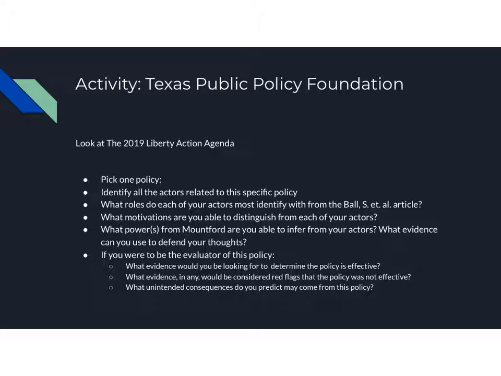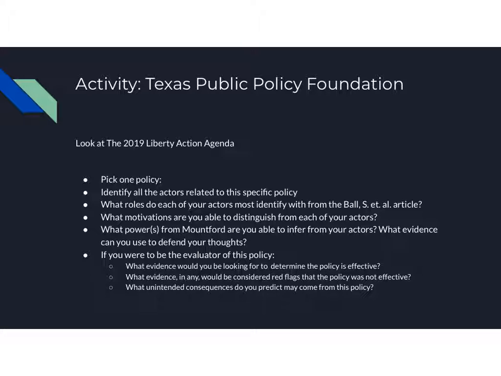So again, based off of who the people are, what their roles are, thinking about their motivations, do you think that they would be somebody who wants to do that power over, power with, or the mixed that Munford really talks about? And I wonder what evidence can you use to defend your thoughts there.